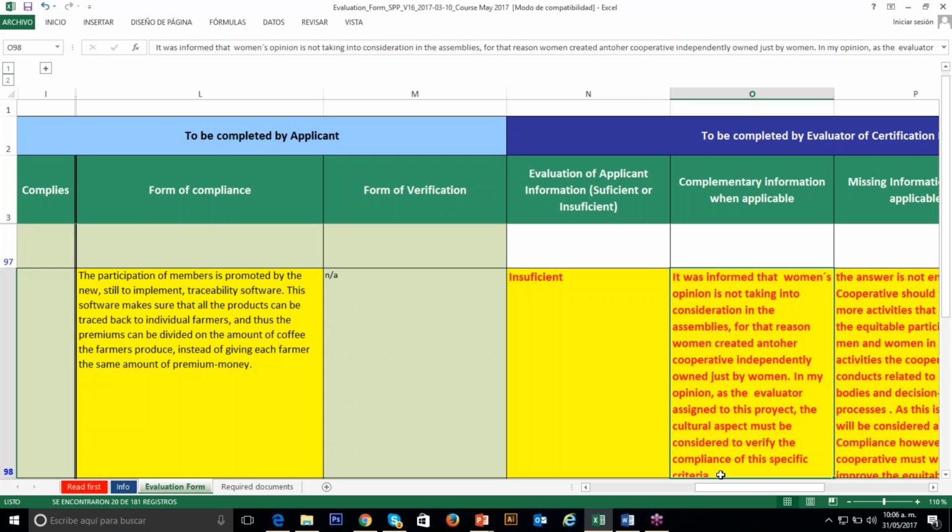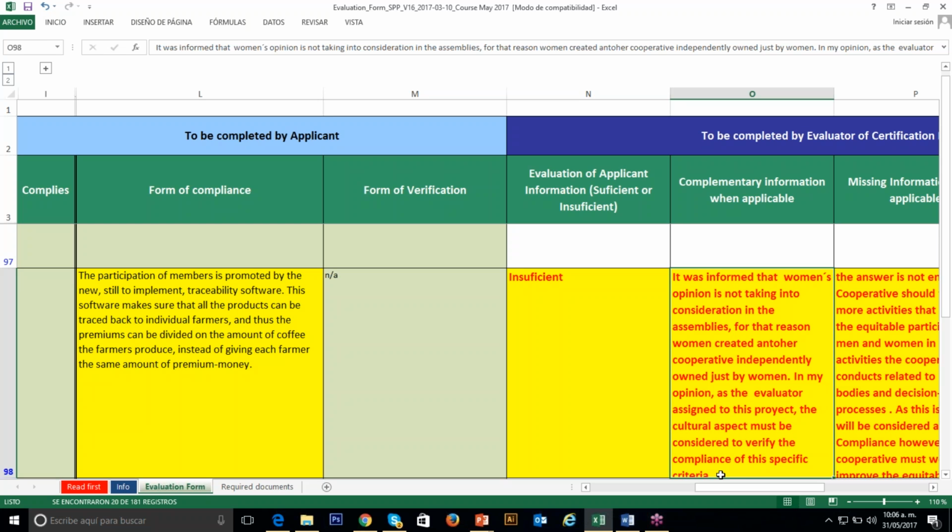I wrote this in the complementary information column because I got this information when we talked with the person responsible for the evaluation form, and they told me that there is another organization, different, that is owned just by women, because in their experience in the life of this cooperative, women do not have a voice.